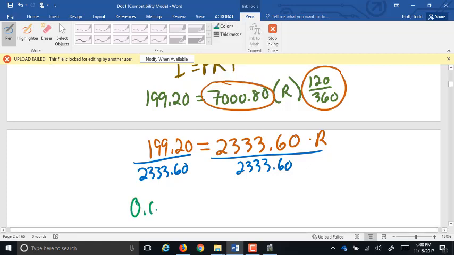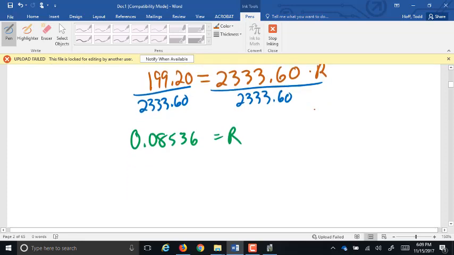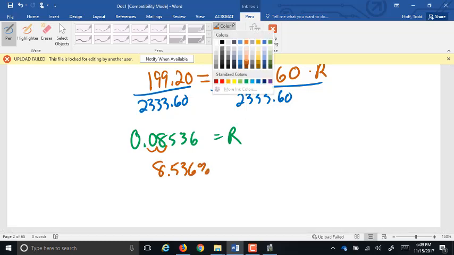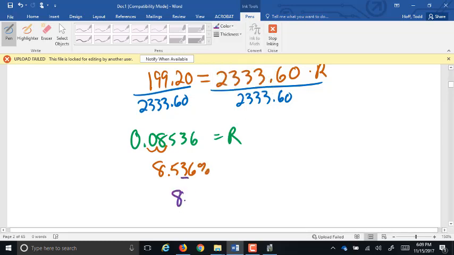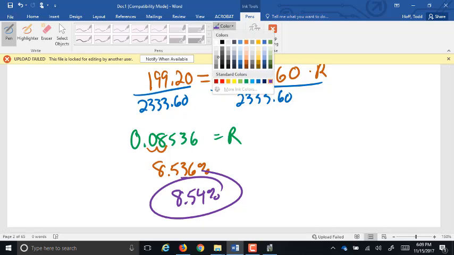Once you divide, you get 0.08536. So yes, we move our decimal point 2 spots. That's 8.536%. Rounded to 2 decimal places is 8.54%.